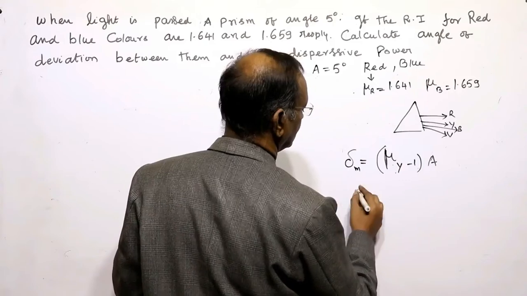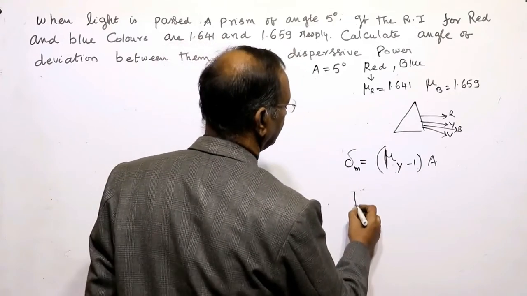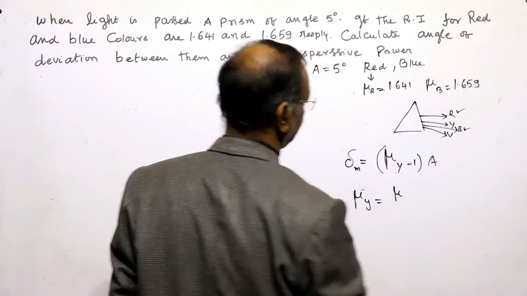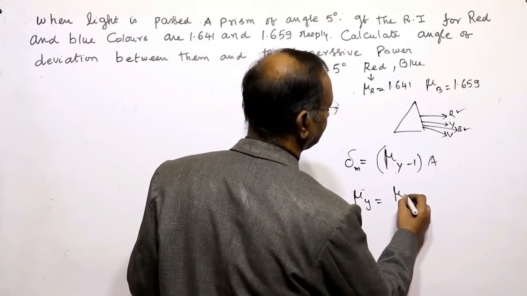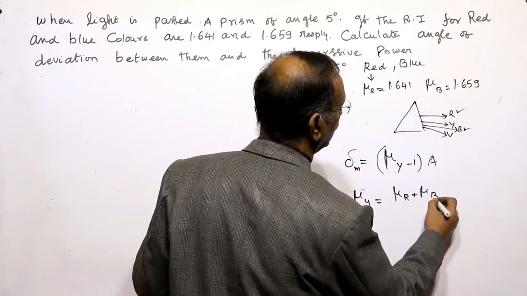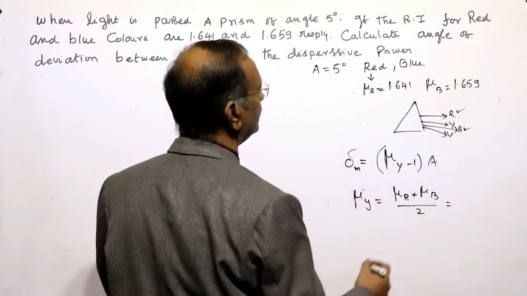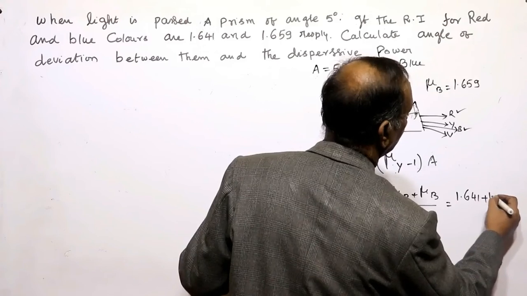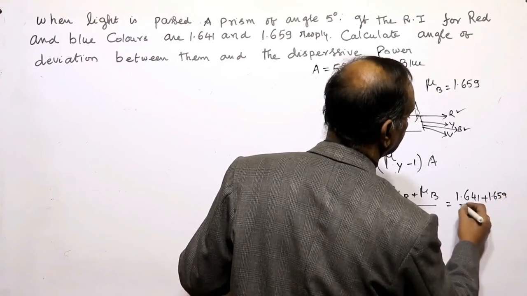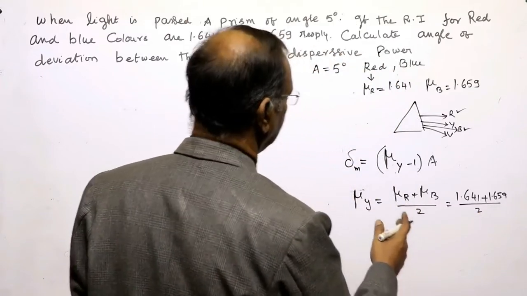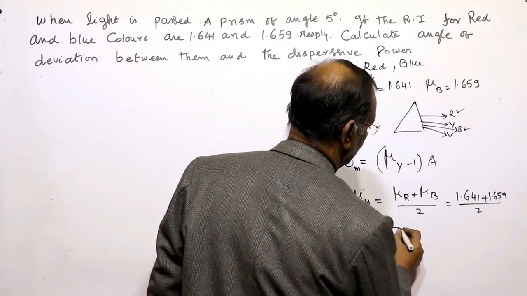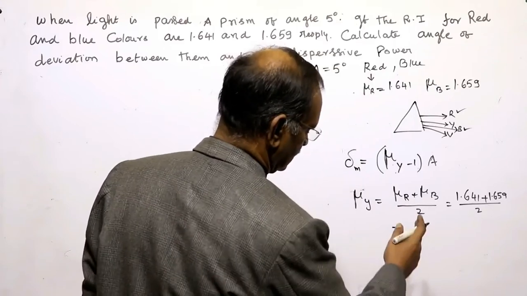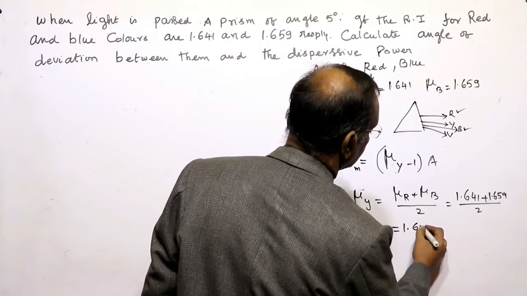So the refractive index of yellow is the refractive index of red plus the refractive index of blue, divided by 2, which is 1.641 plus 1.659 divided by 2, which comes out to 1.65.